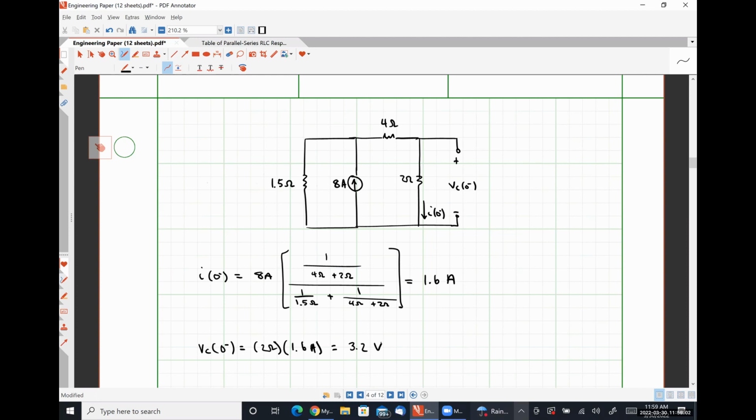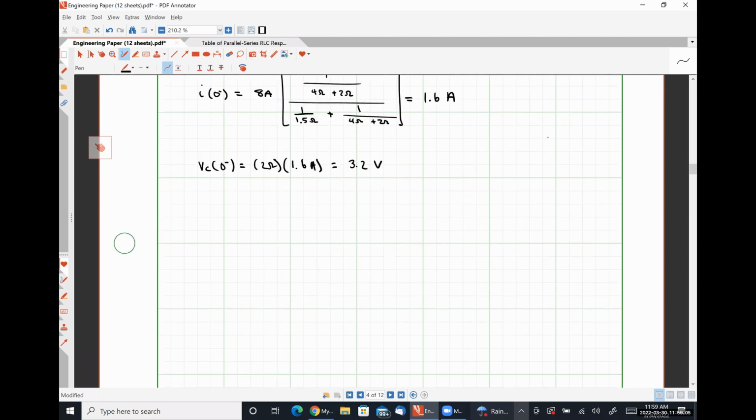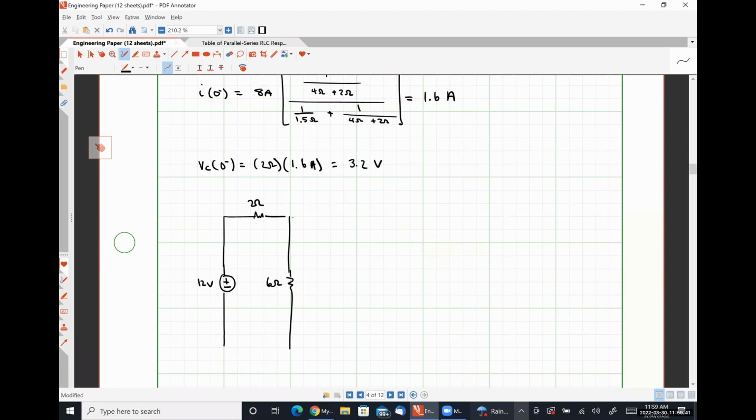All right, so now we're going to analyze the circuit at t equal to 0 plus. At t equal to 0 plus, this is after our switch has opened up and we are no longer at DC steady state, right? So what that's going to look like is this. We have our 12-volt source, our 2-ohm resistor, our 6-ohm resistor.